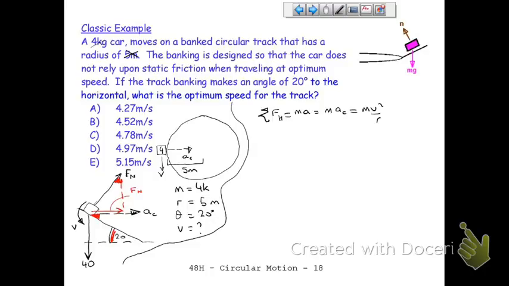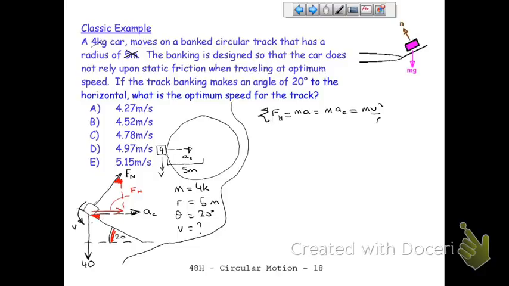So 20, 70, 70, 20, 20, 70, 20. I can work it out, but I can see it if my diagram is sufficient. I can see, oh yeah, this is a 20-degree angle up here. I'm not going to make a mistake on that. Or that's a 70-degree angle where the mass is. But if I do everything at 45 degrees, who knows which one it is?